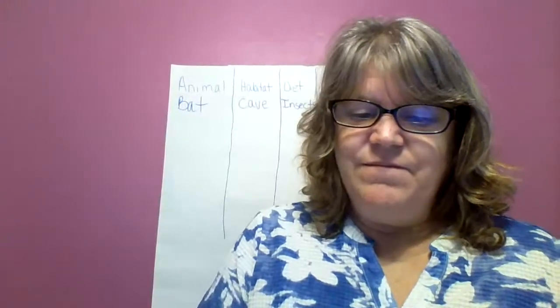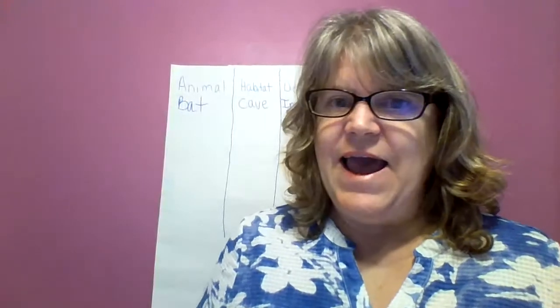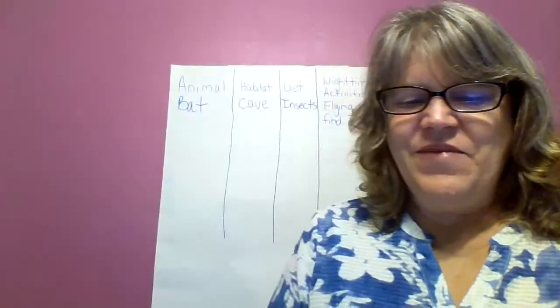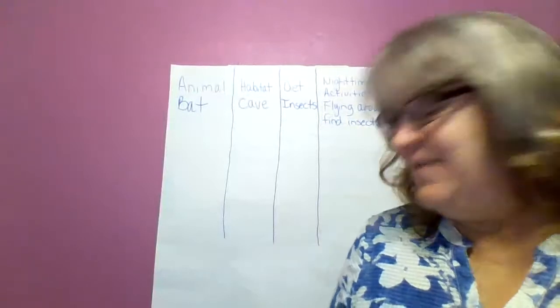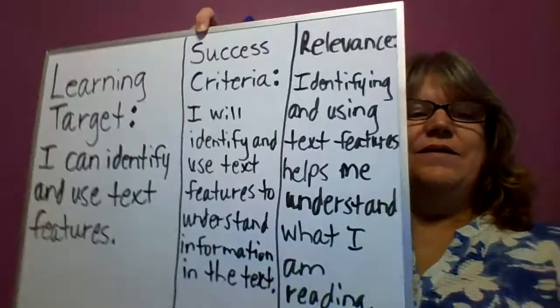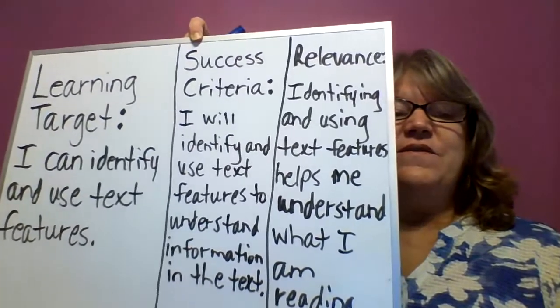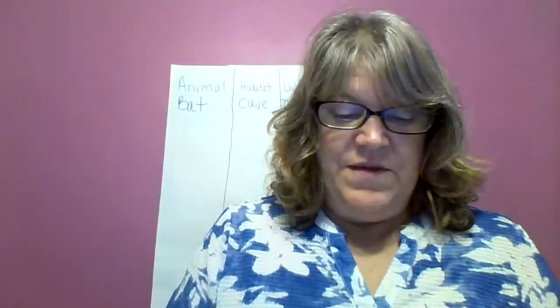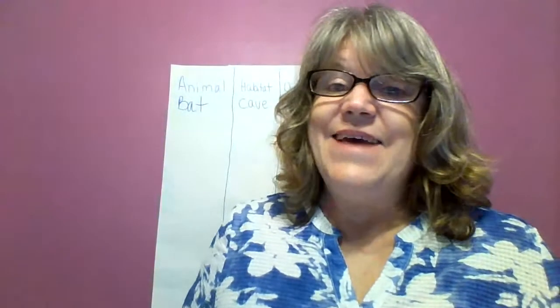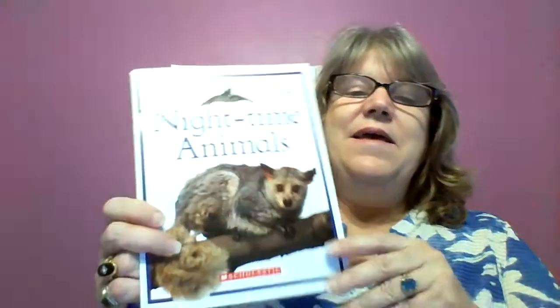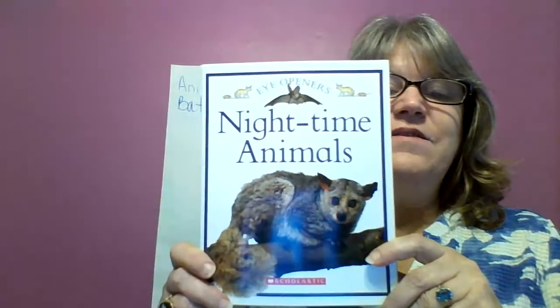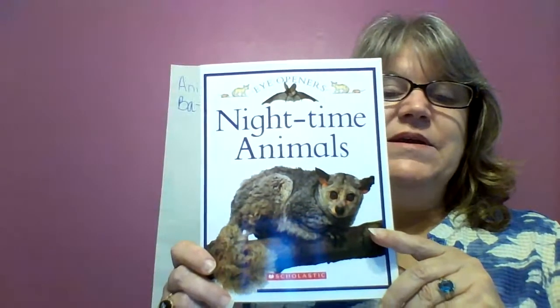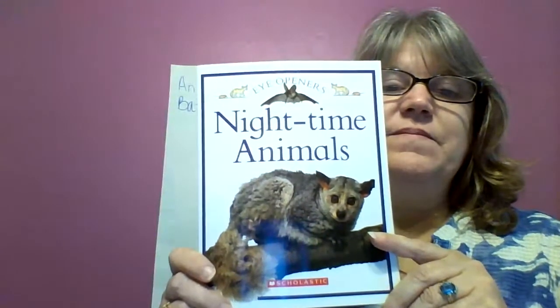Well, today we're going to be looking at text features. Remember our I can statement? I can identify and use text features. Okay? So, with that in mind, we're going to be looking at a text today. This text is called Nighttime Animals.